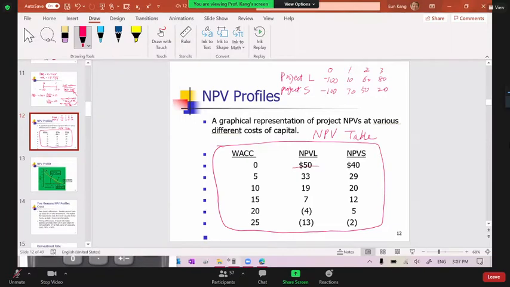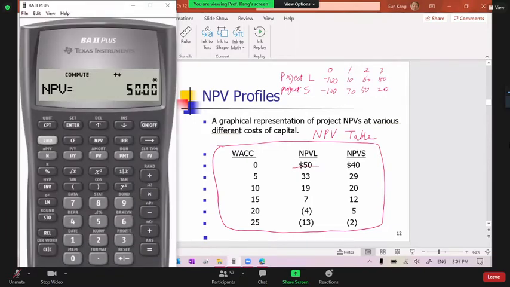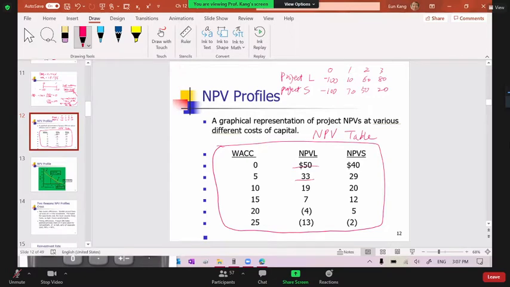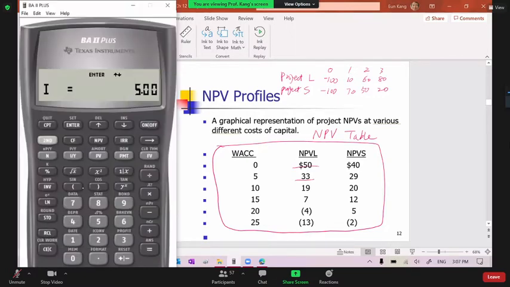You got 50. Then go up and do 5, enter, down arrow, compute. 33.05, right? And up arrow 10, and down arrow compute, 18.78.